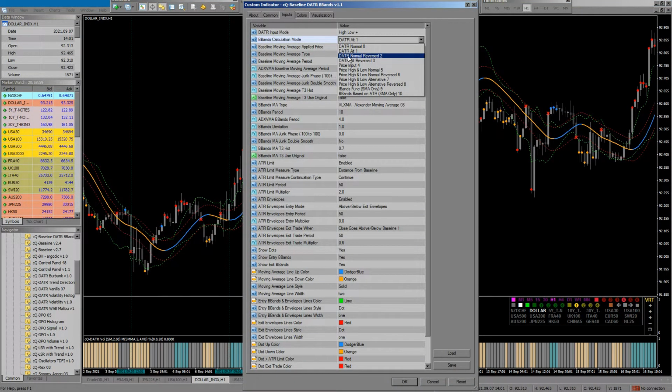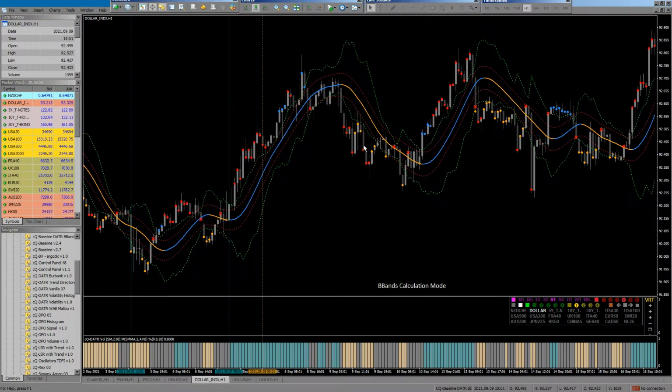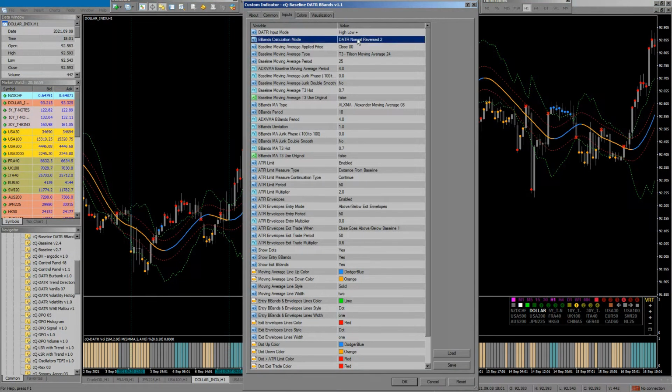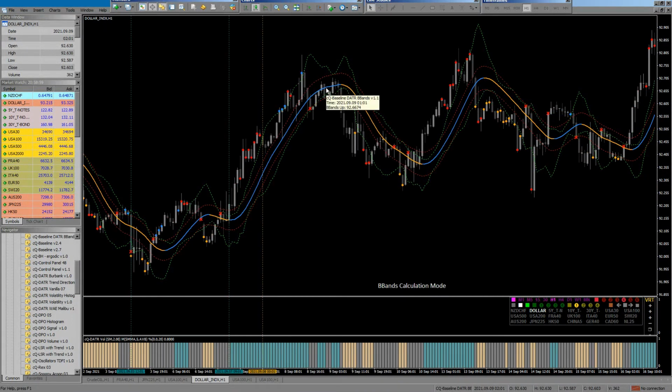And then here is the normal version, but the directional ATR values are reversed. As you can see, you get this, it kind of cuts it a little sooner than usual. And then the same thing with the alternative way of calculating the Bollinger Band. When you start messing with it, you'll see the differences. Right now, they probably don't really make that much sense.